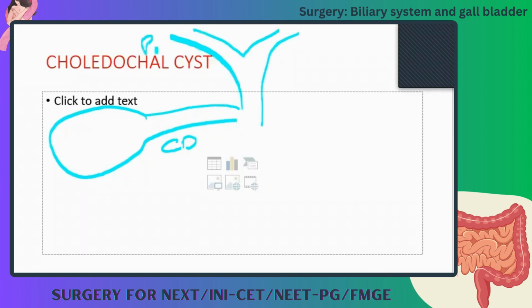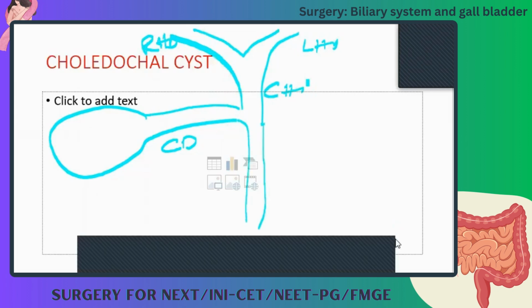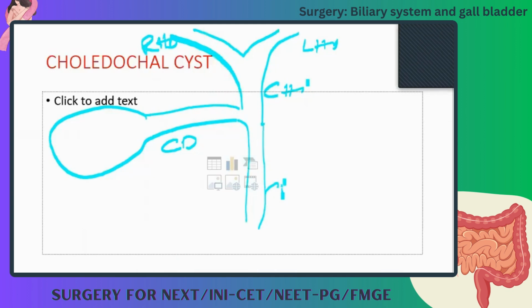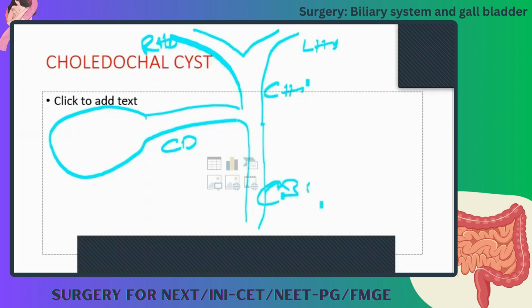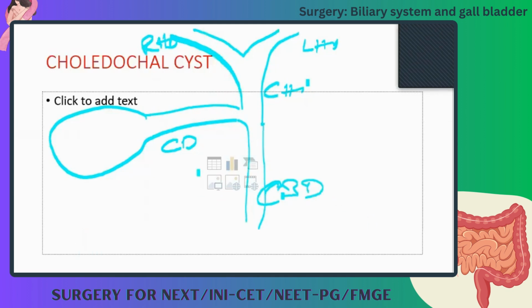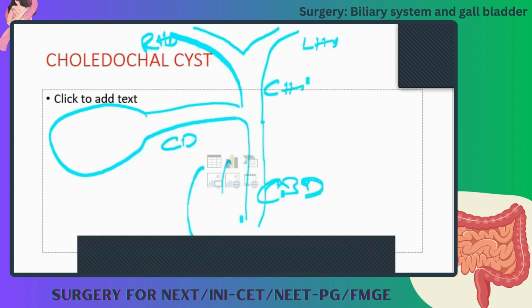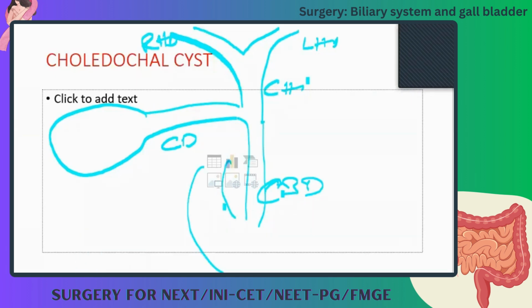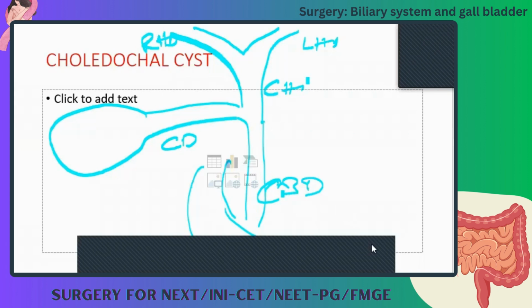Right hepatic duct, and left hepatic duct, common hepatic duct, and the common bile duct. And this is the duodenum coming below.